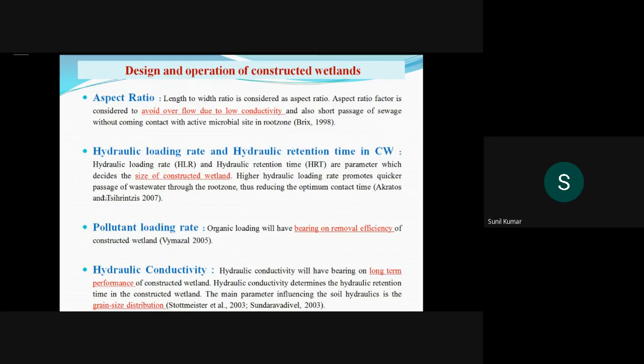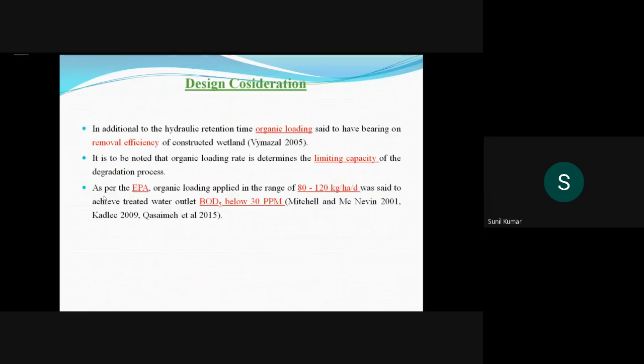It has to distribute uniformly so that it comes in contact with the roots as well as the media, where the bacteria are grown on the surface of the media. So, there is a limiting capacity also. We cannot load anything in excess because the outflow will be totally disturbed.